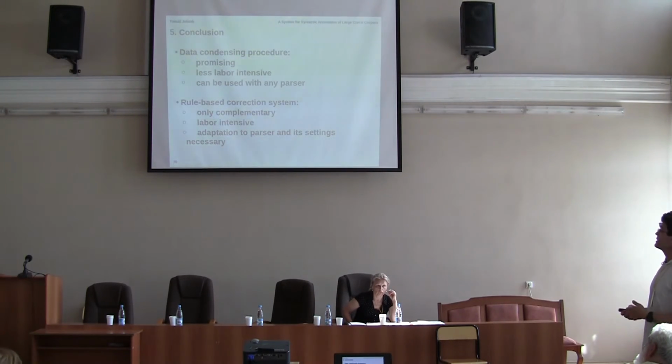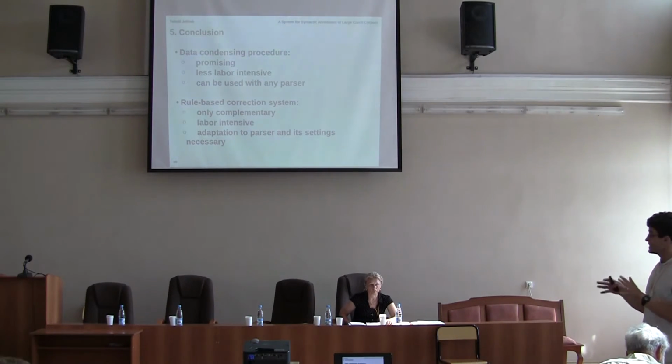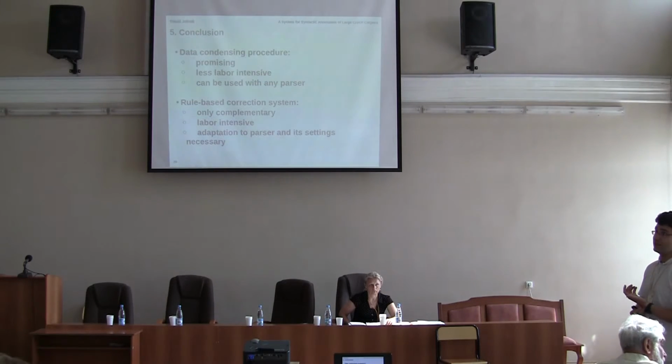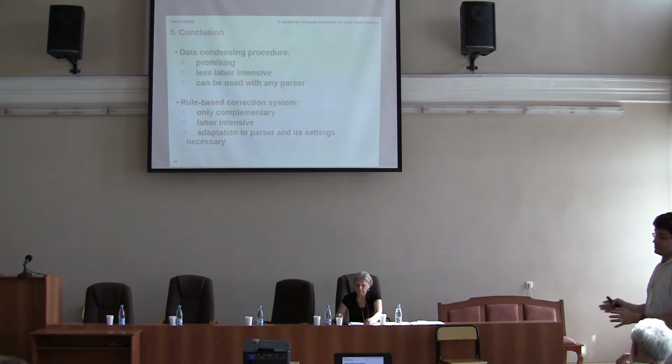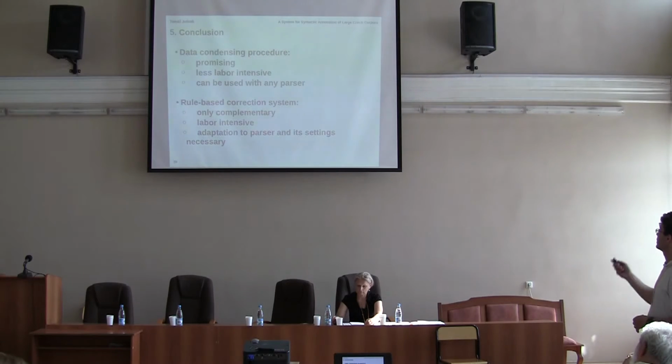And there was another system, a rule-based correction system, which we think now can be used only as a complementary system. It is much more labor intensive, and it is necessary to adapt it to the parser and its precise settings, so that it really finds the errors frequent in this setting of the parser and not other errors the parser doesn't really make.